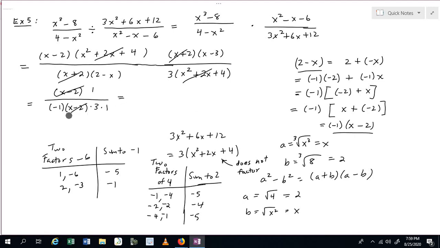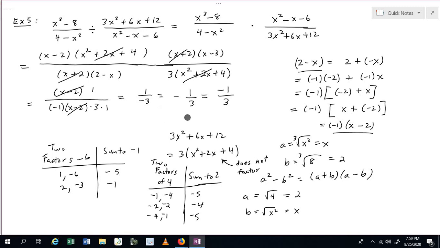All right, and so to finish this off, it looks like you get 1 over negative 3, because negative 1 times 3 is negative 3. Which by the way is the same as negative 1/3, which is the same as negative 1 divided by 3. You can put this minus sign on the bottom, in front, or on top.